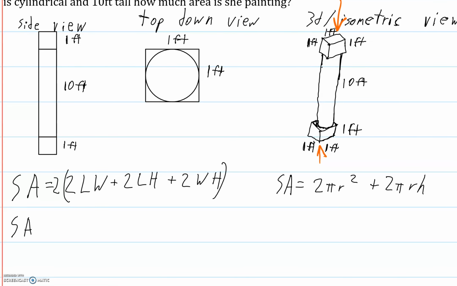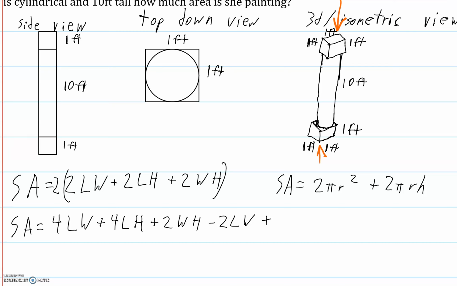Surface area equals 2, let's go with 4, I'm just going to multiply the 2 in, 4 LW plus 4 LH plus 2 WH. But we now know we also need to subtract 2 length times width. That's for the top and the bottom.